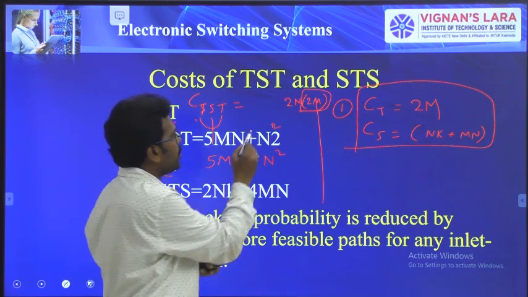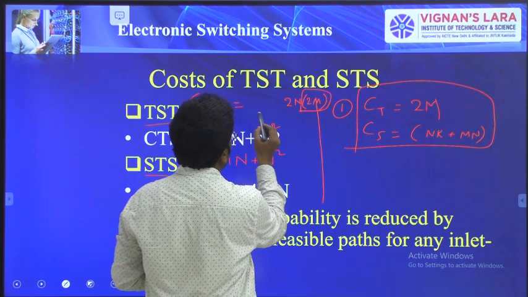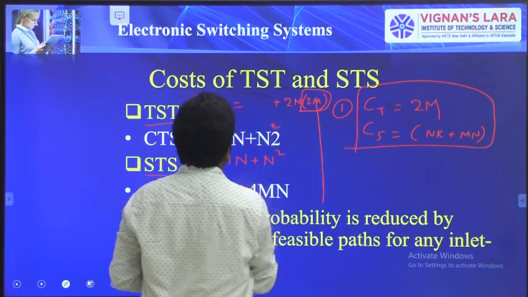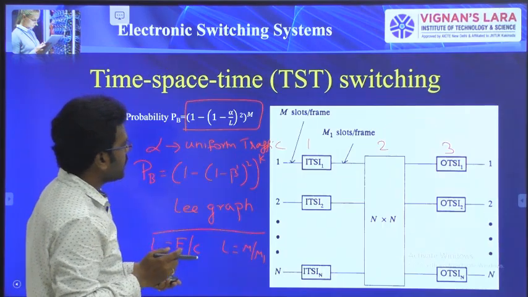So we take 2N into 2M, plus how many space switches are there here? One space switch. What is the size of the space switch?